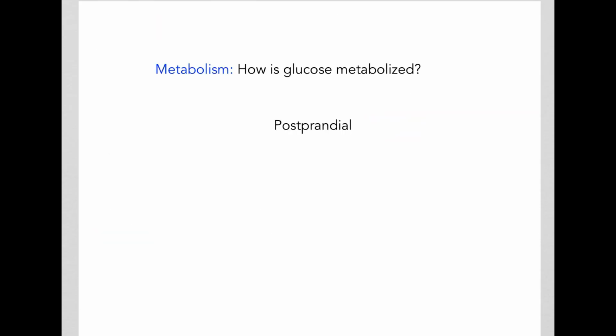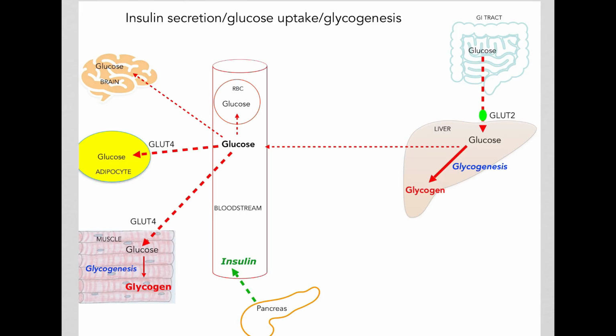And then under metabolism, we talked about how glucose is metabolized. So for example, after a meal, postprandial, there is a lot of insulin secretion from the beta cells of the pancreas. So that's one key thing that happens. There is a lot of glucose absorption from the GI tract into the bloodstream. There's also a lot of glucose being taken up by cells, especially the adipocytes and the muscle cells.